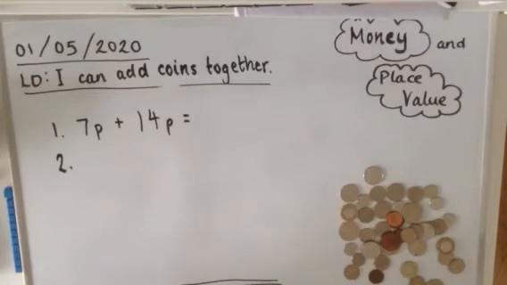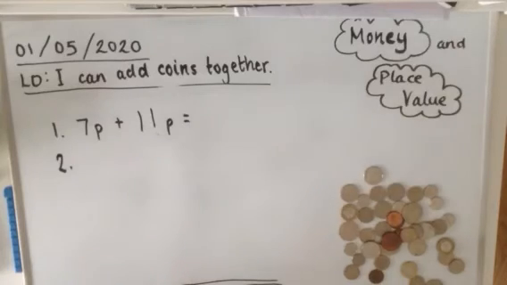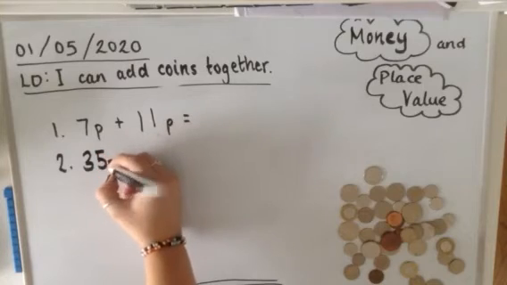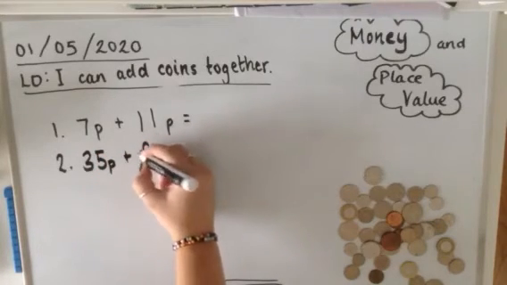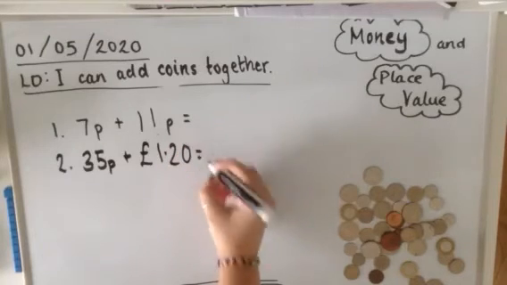Number 2, actually, I'm going to change this. I want you to do 7p plus 11p. Number 2, I would like you to do 35p plus £1.20.